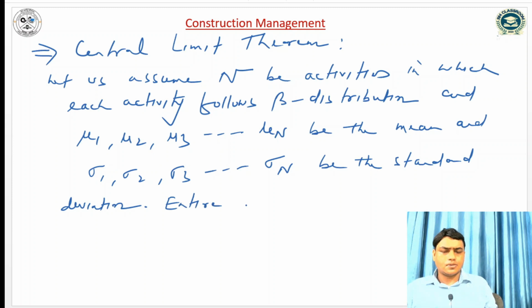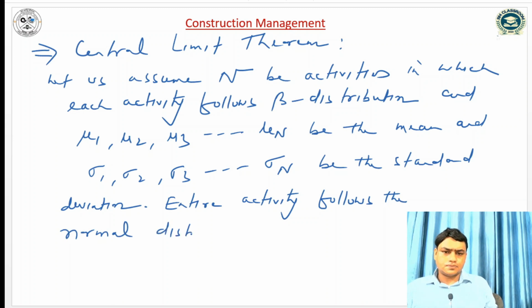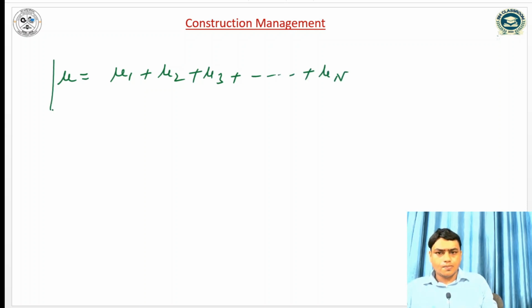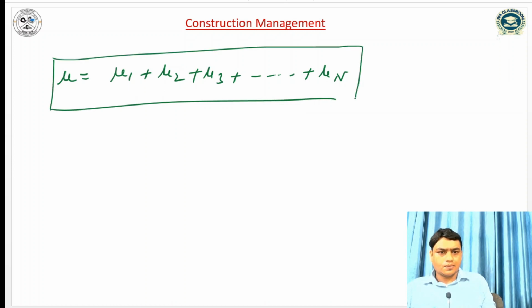Entire activity follows the normal distribution. So we can write mu is equal to mu1 plus mu2 plus mu3 plus mu n along the critical path.